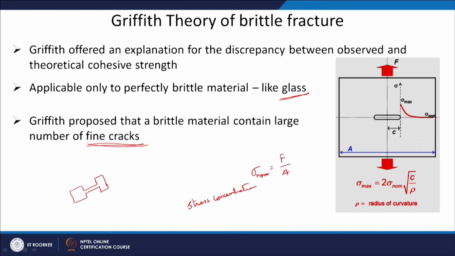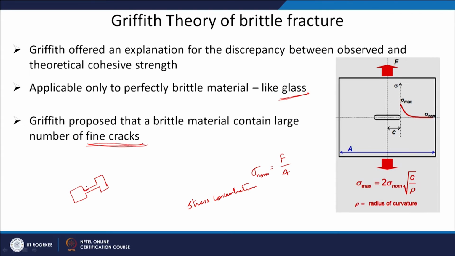The reason is this sharp corner will give rise to stress concentration, and locally the stress here will be very high. So, this kind of sharp corner will act like a crack. Instead of that, we give a kind of curvature like this, to minimize the stress concentration.